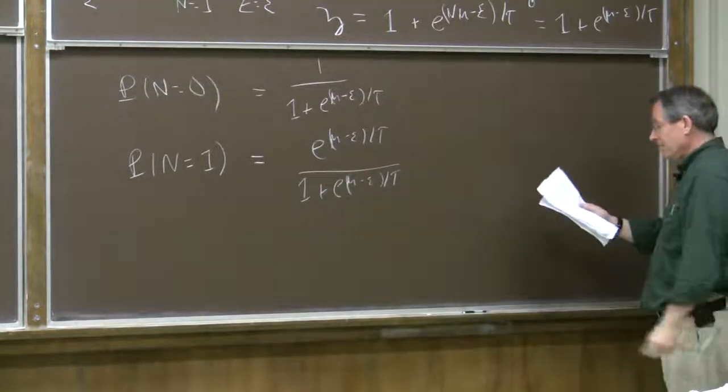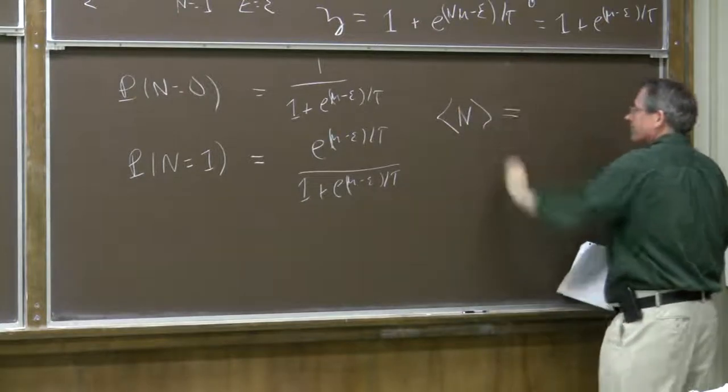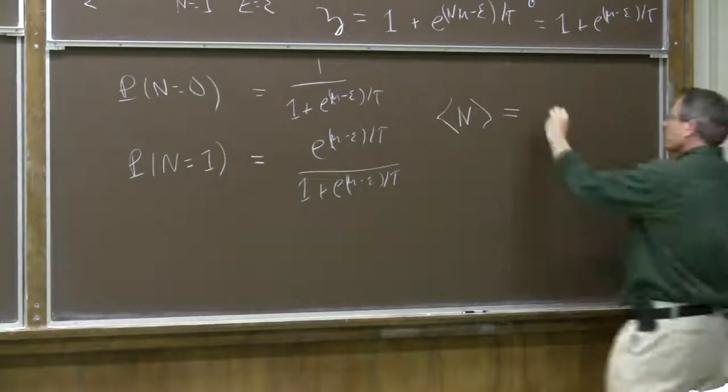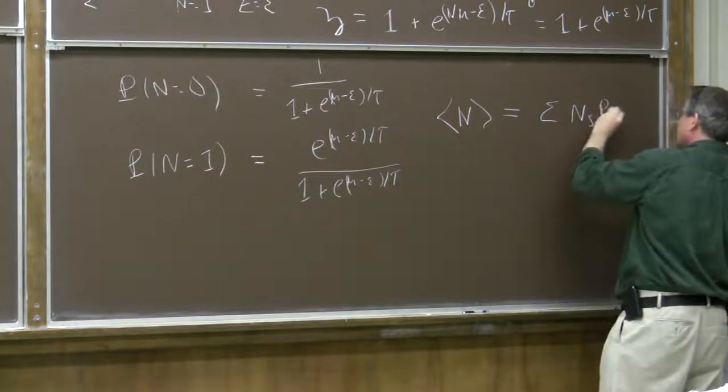And the expectation value of n, which in general is just the sum of n times the probability of n.